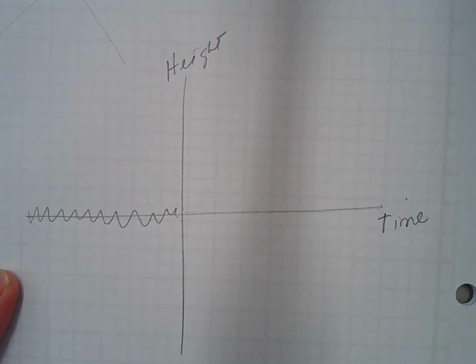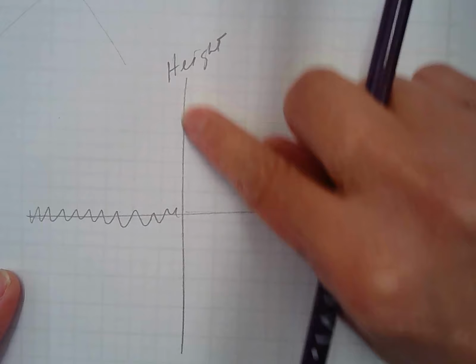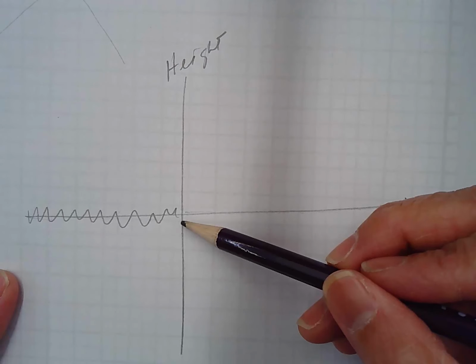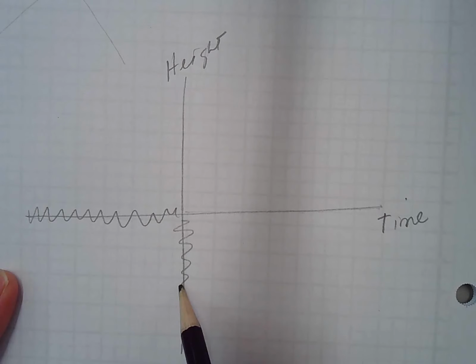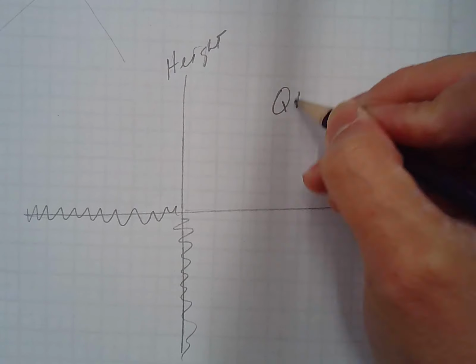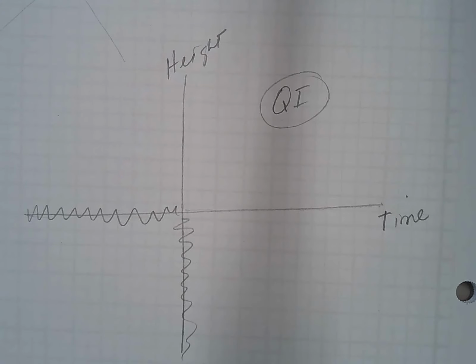What about the height? The height could be positive, but it cannot be negative, so we don't even need this part here. So which quadrants do we need? Quadrant 1. Just quadrant 1, right? So we just need quadrant 1.